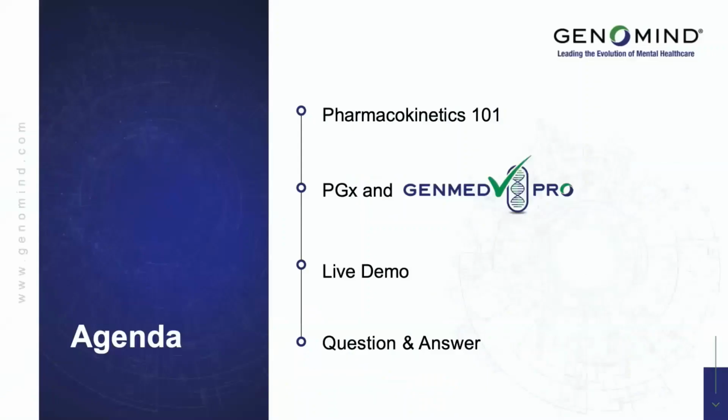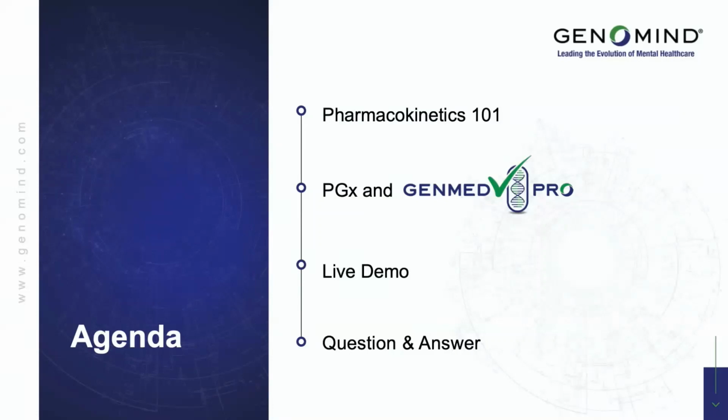Today, we're going to talk about our newest product called GenMed Pro, and this is the agenda for today's presentation. We'll first do some pharmacokinetics 101. We won't go too deep into the weeds because this stuff can get rather confusing, but everyone needs to have a fundamental understanding of pharmacokinetics to understand not just pharmacogenetic interactions, but also how these drug-drug interactions can influence blood levels and side effects and outcomes to different medications.